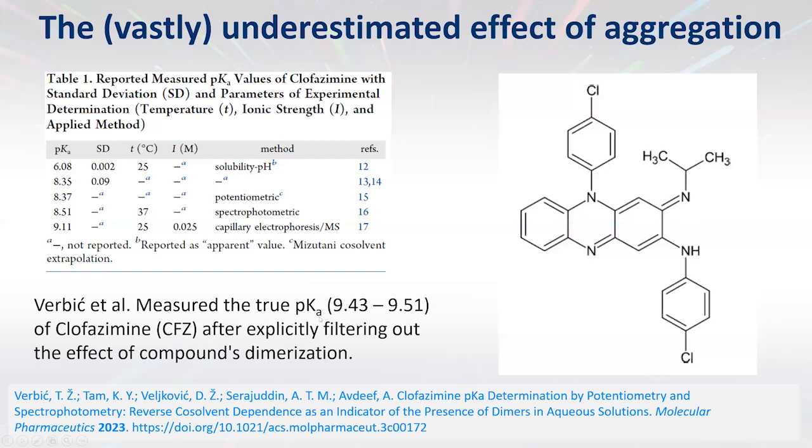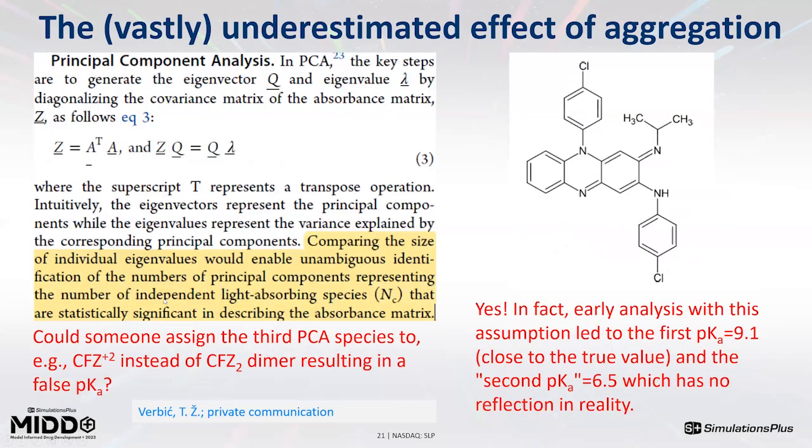So if you explicitly filter out the effect of compound dimerization, and Professor Verbich will be on day 4 of this conference. She will talk about it. So please stay tuned, or read the paper if you're interested, on how to explicitly filter out dimerization.